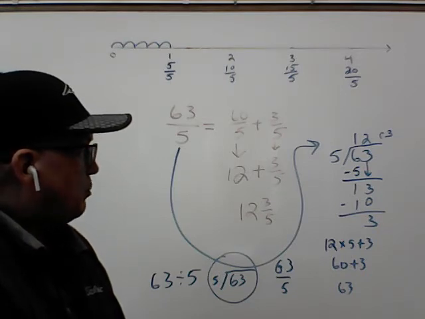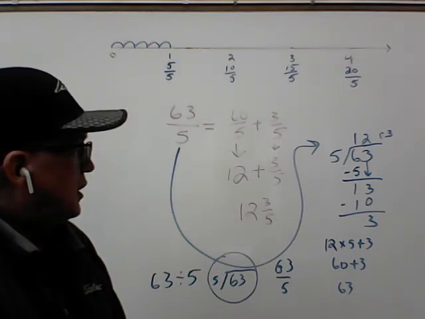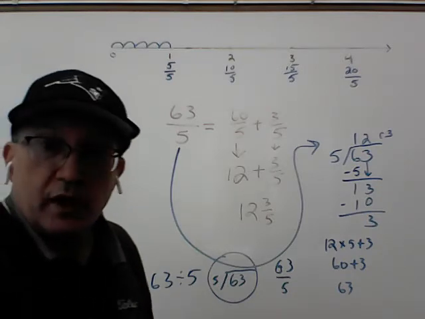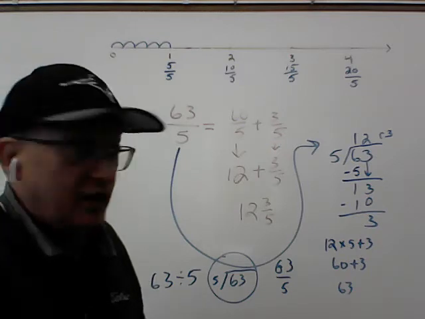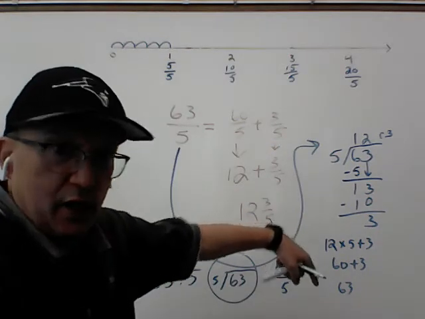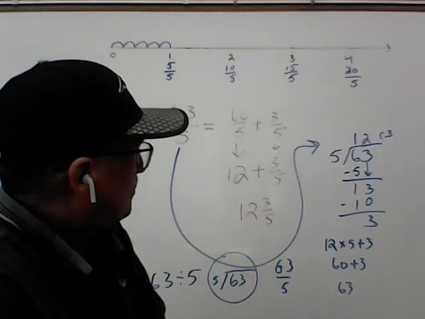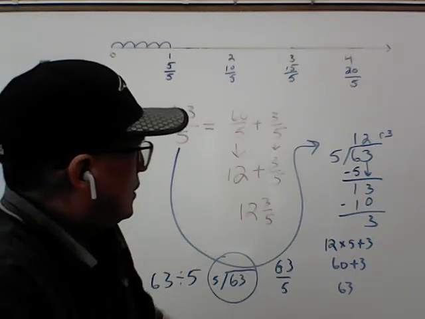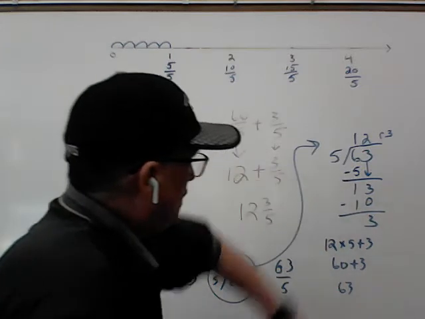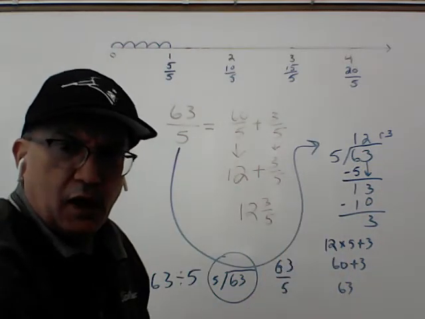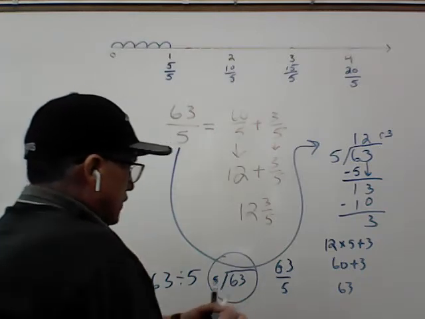Well, the first thing I want to point out is, let's go back and assume that you know that 12 times 5 is 60 and sort of take a shortcut with the long division algorithm, because you don't see the number 60 here. It's sort of hidden in the digit by digit approach of the long division algorithm.